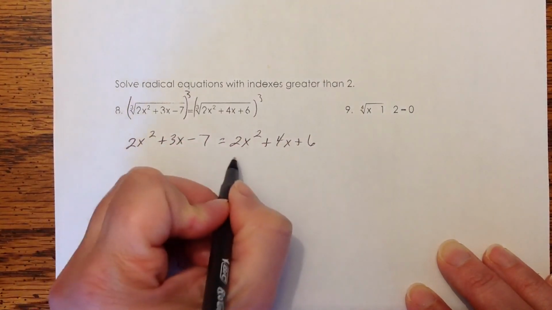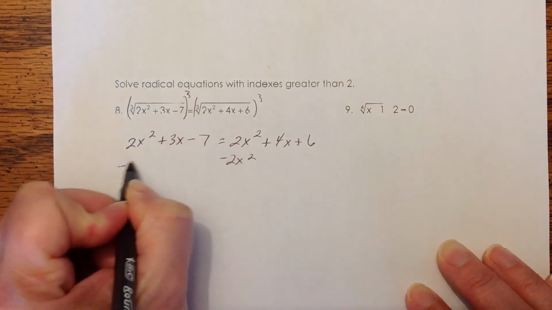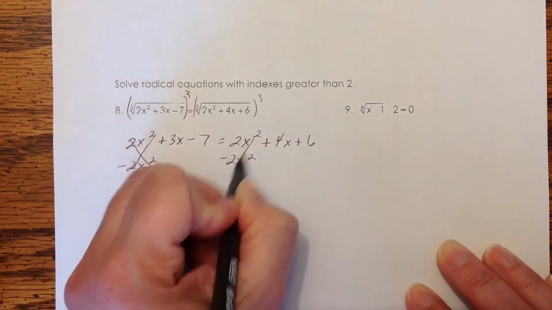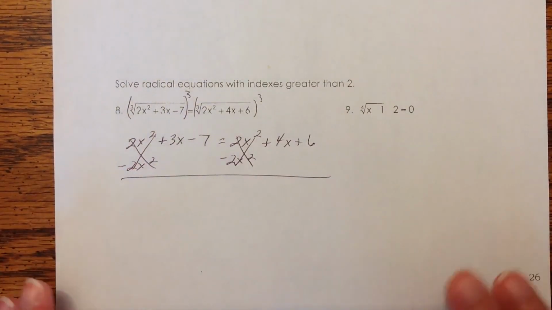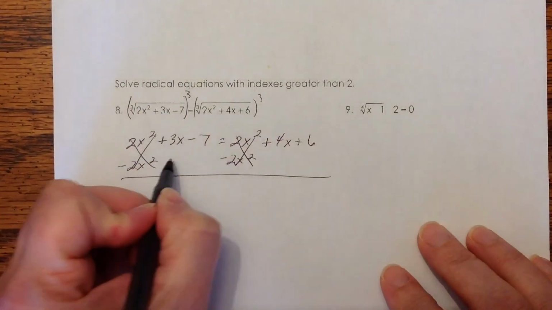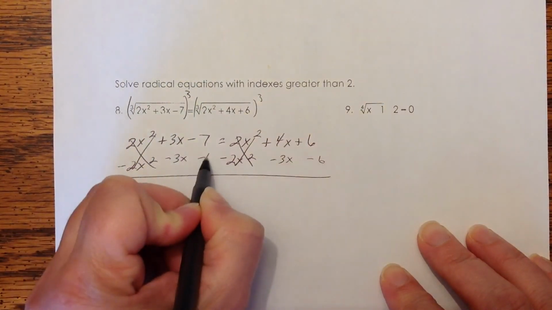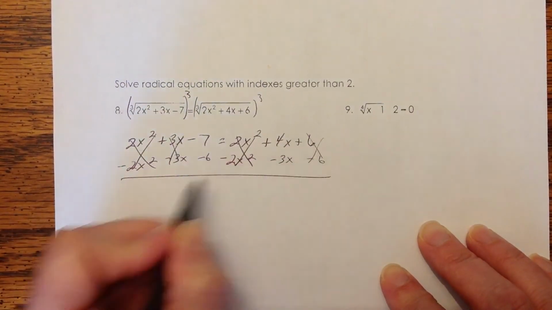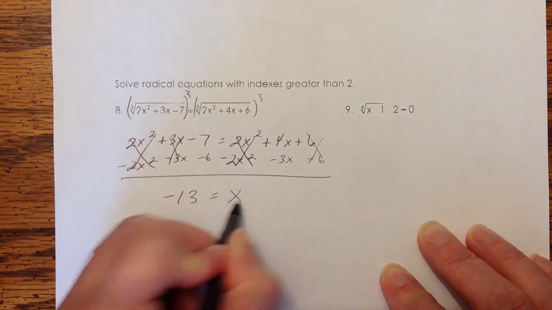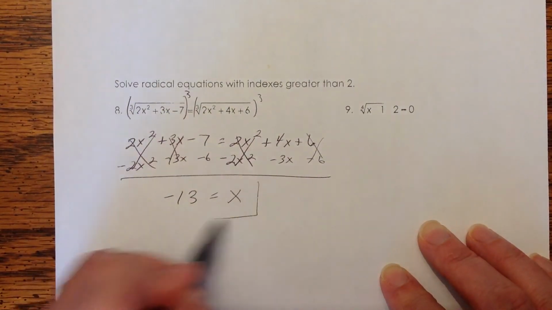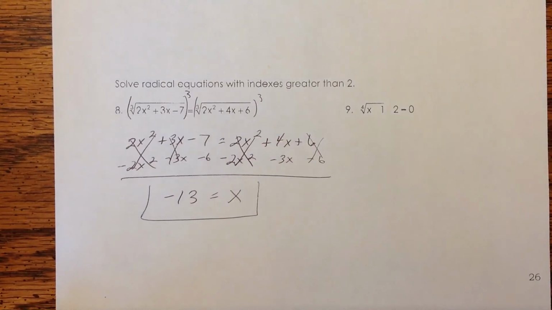Now you want to start combining like terms, so when you move over your 2x squared, they cancel out. What you're left with now is a linear equation. So I'm going to subtract my 3x, and I'm going to subtract my 6. So I get negative 13 equals x. And if you check it, it works.